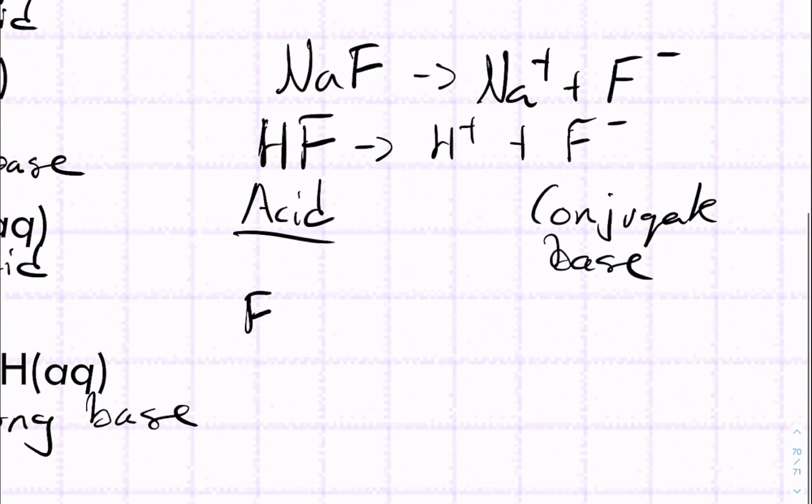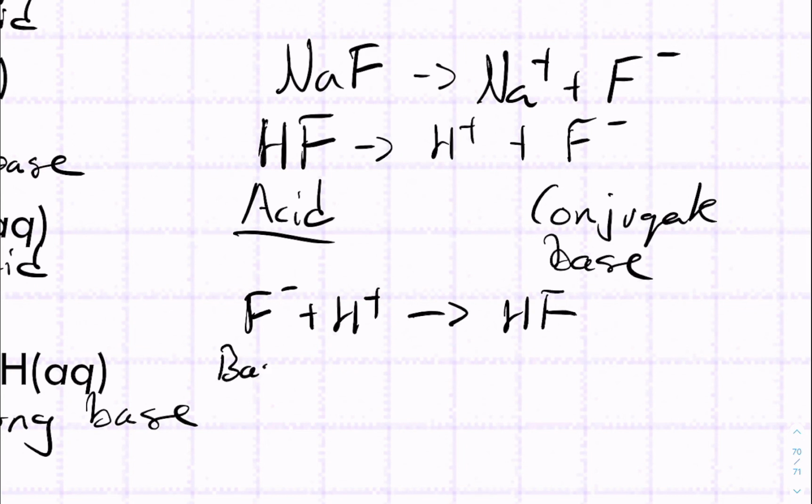Right, but we could also write this reaction in the other direction. So now, is F minus an acid or a base? It's a base, because it's a proton acceptor. So now this is the base, and this is the conjugate acid.